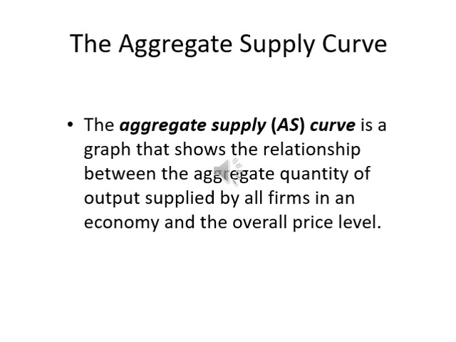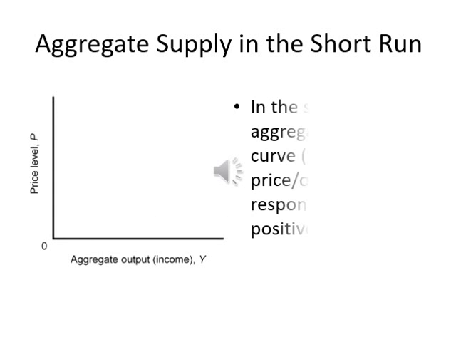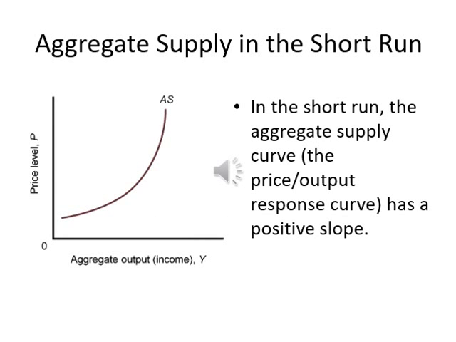The aggregate supply curve is a graph that shows the relationship between the aggregate quantity of output supplied by all firms in an economy and the overall price level. In the short run, the aggregate supply curve, the price/output response curve, has a positive slope.